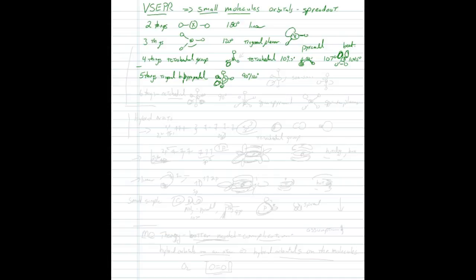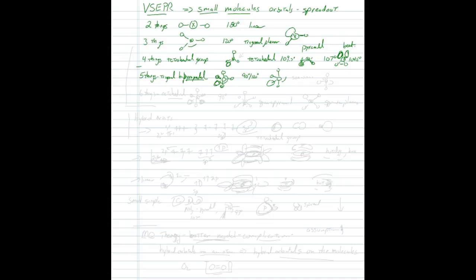This is in itself trigonal bipyramidal. There are possibilities of having lone pairs on this, and one of the favorite ones is if you have a lone pair on one of the equatorial atoms.